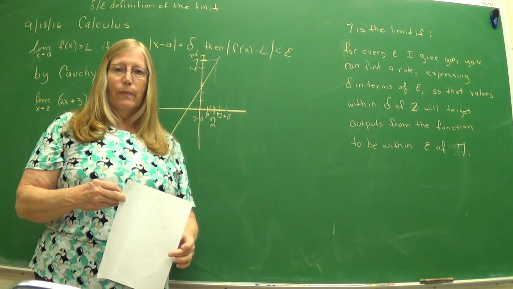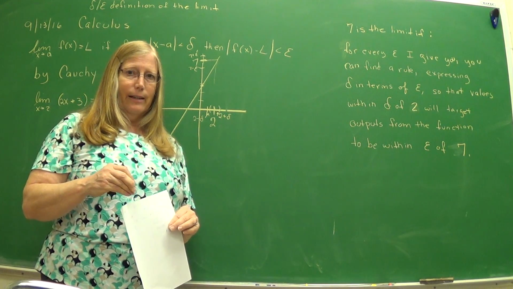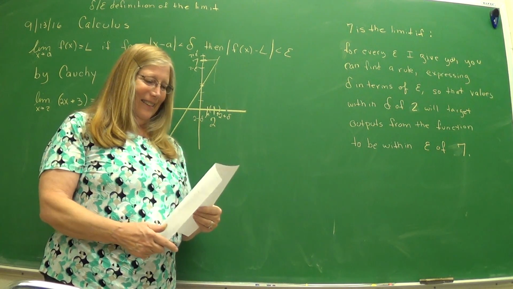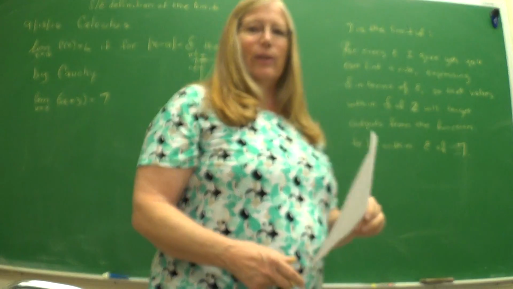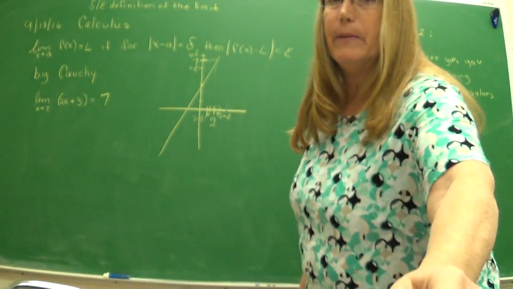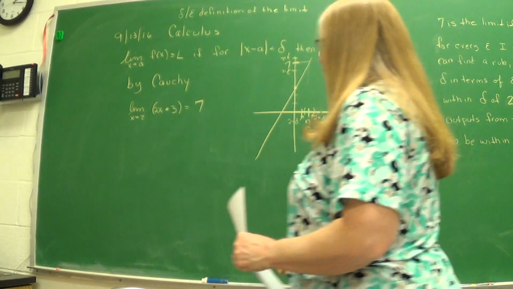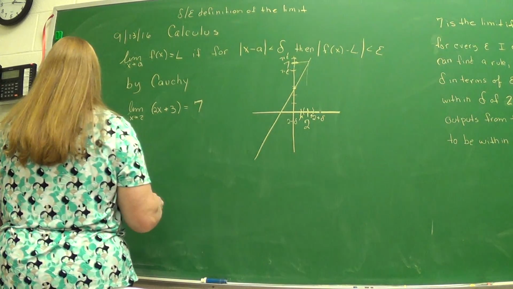If that's true, if you can find such a delta, then 7 is the limit. All right. Let's go ahead and do an example. Finish up this example. And here we are, and we're going to do the delta epsilon proof.